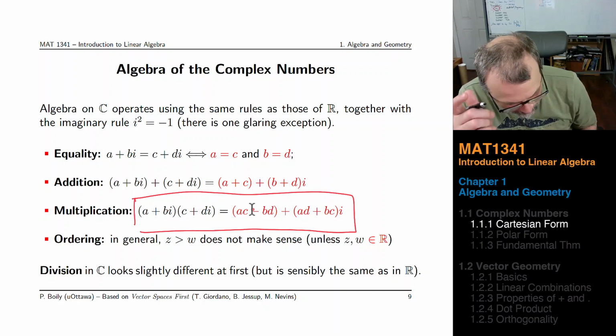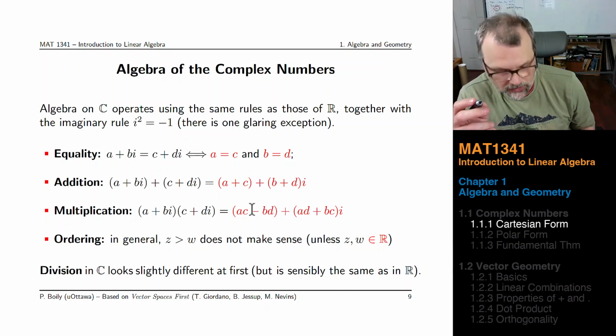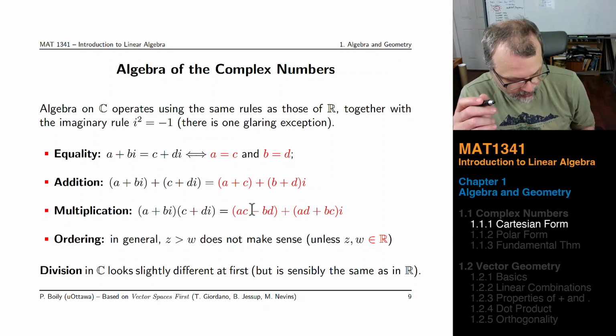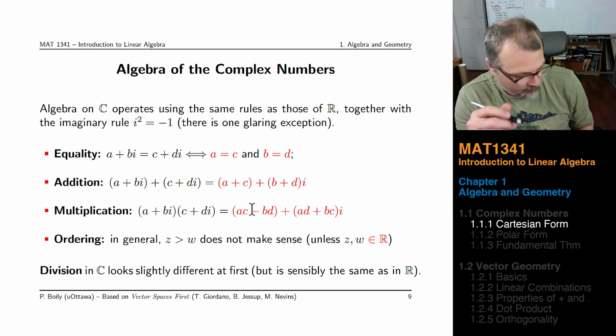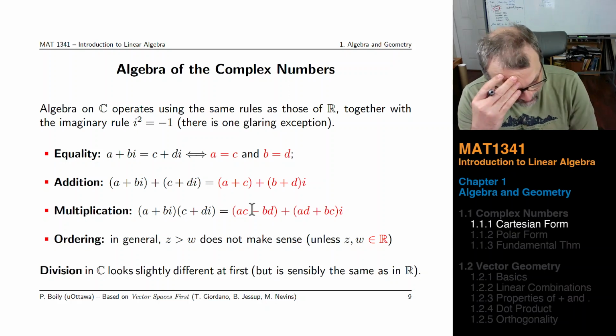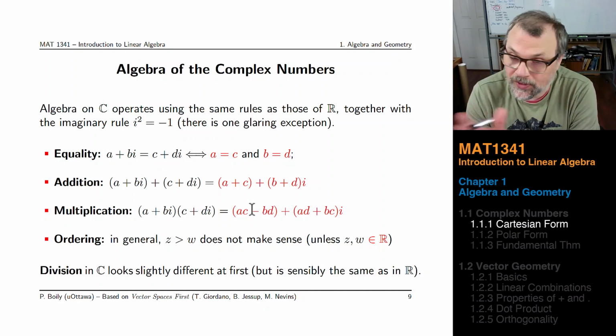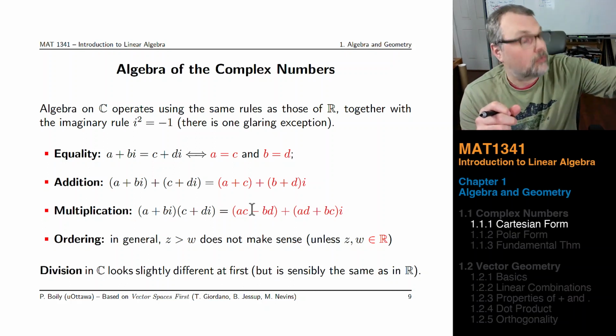The way in which things differ fundamentally from the real numbers is that if you give me two complex numbers, let's say z and w, it might not make sense for me to tell you that one is larger than the other. With real numbers, it always makes sense. Give me a real number. What's that? 17.